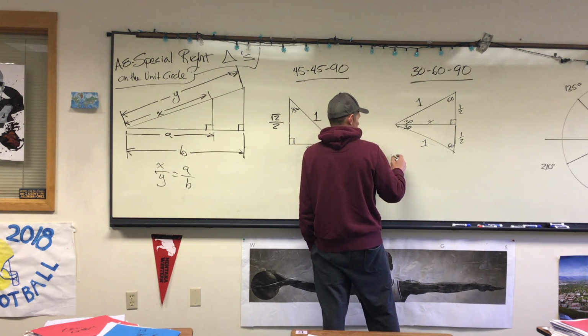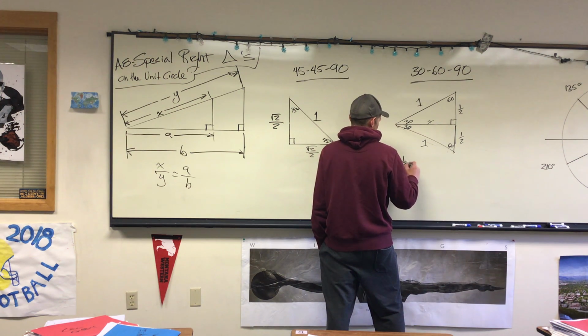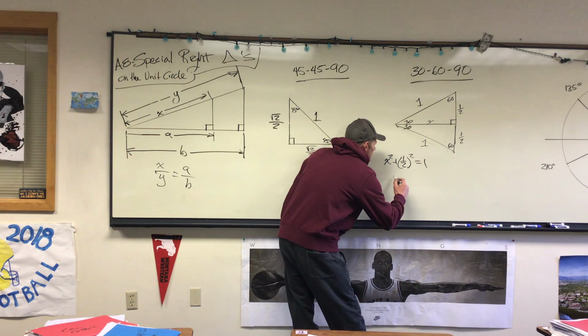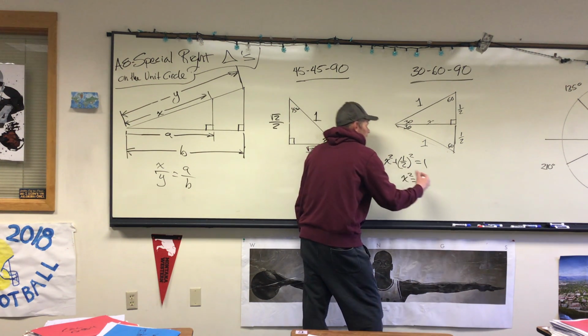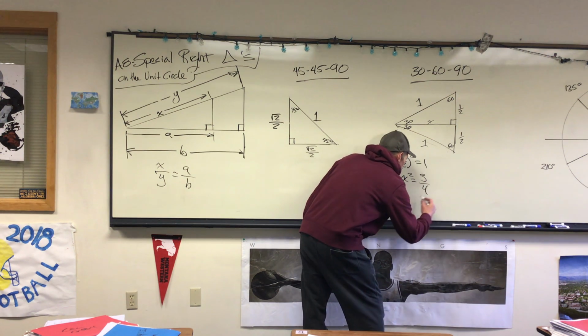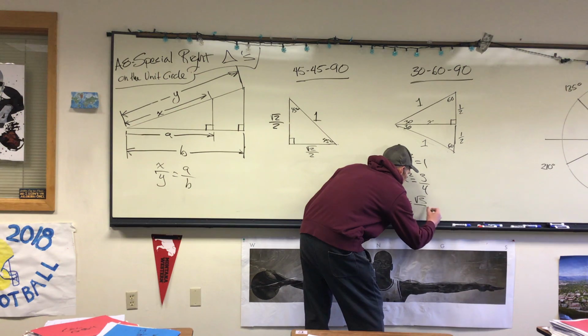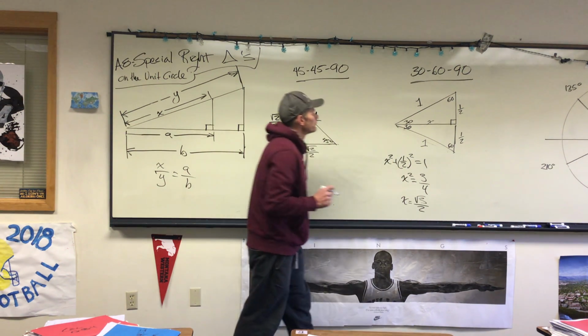And once again, we invoke our friend Pythagoras, and x squared plus 1/2 squared is equal to 1. And that means that x squared is equal to 1 minus 1/2 squared, which is 3/4. And then x is equal to the square root of 3 over 2 when we take the square root.